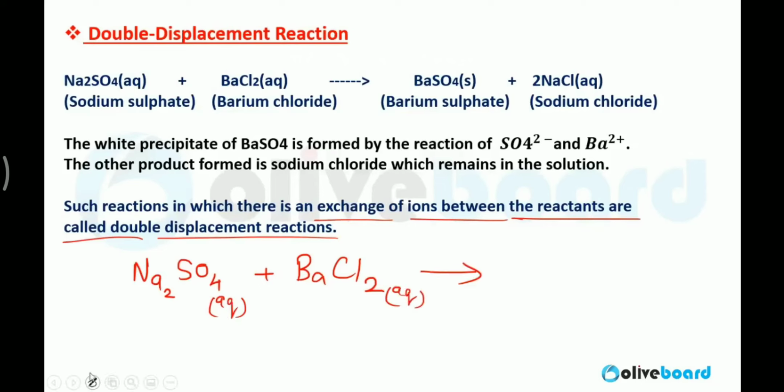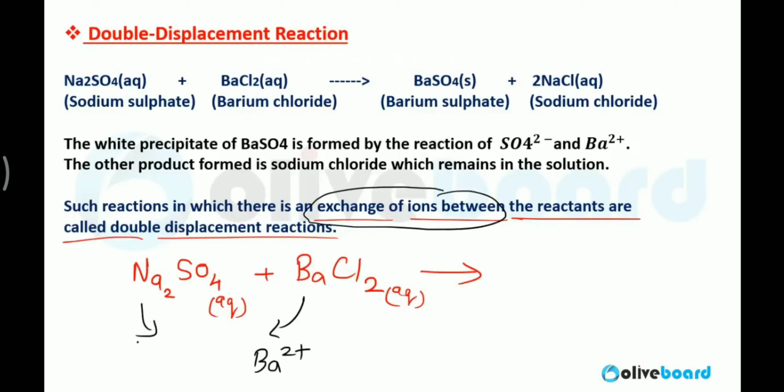So what will happen? This sodium will displace the barium from here, and when this barium is released, it will go and attach to the SO4 2 minus ion, and it will form barium sulfate. Clear? So such a reaction involves an exchange of ions: Ba2 plus here, and here you will get twice Na plus ions plus SO4 2 minus ion.